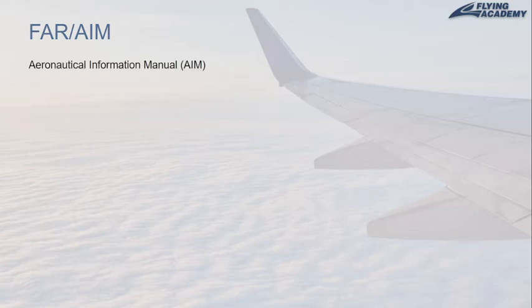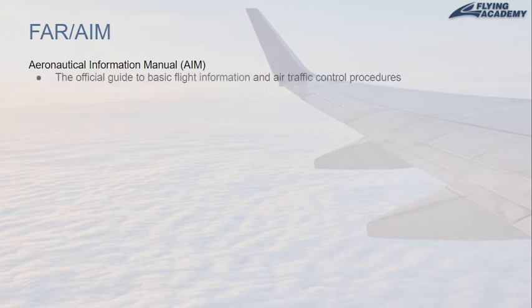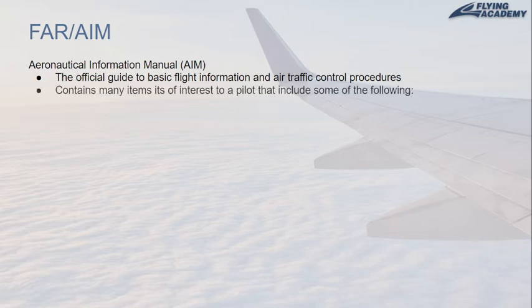Now, the FAR AIM consists of two parts. The first part we went over is the FAR. Those are the regulations. The second half is called the AIM, also known as the Aeronautical Information Manual, and it's basically the official guide to basic flight information and air traffic control procedures.